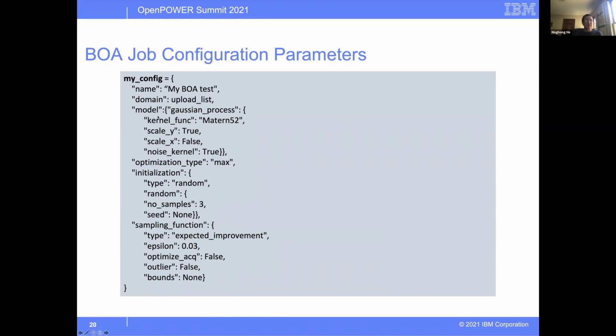But here, you need to specify the other parameters too. There's a model, which model you can use, and for Gaussian processes you can specify the kernel functions, and whether you want to scale your Y value or your input X values, and your optimization type, that is max or min.